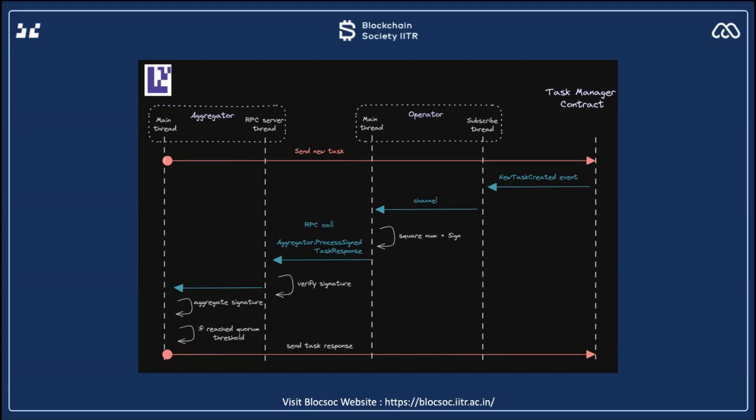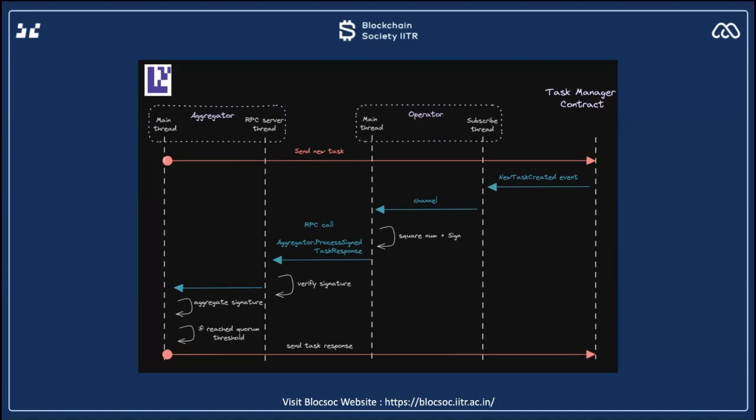So we have the subscribe thread, which listens for the events, and through a channel, it sends that data to the main thread, which performs the task. It squares the number, signs the transaction, and then calls the aggregator's RPC thread, which verifies the signature that the operator has sent, and then aggregates the signature.